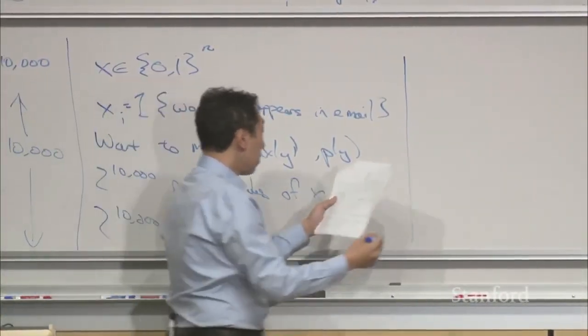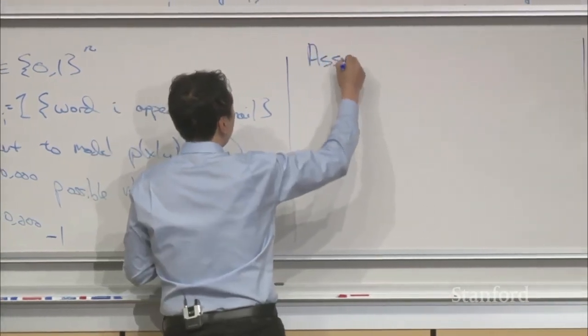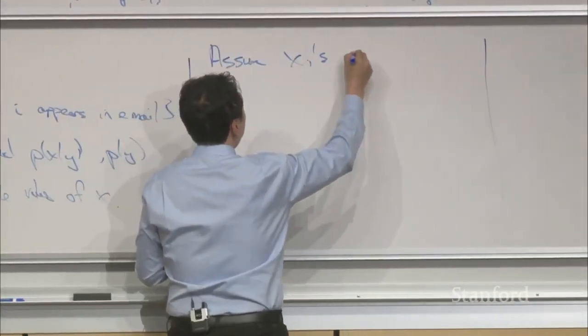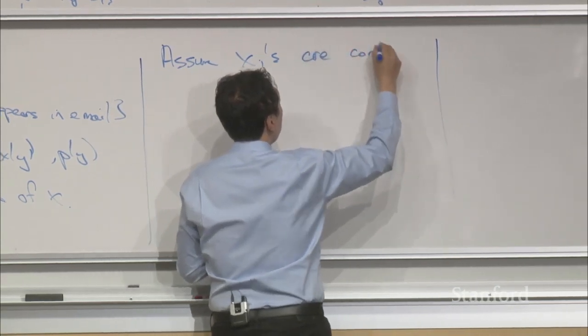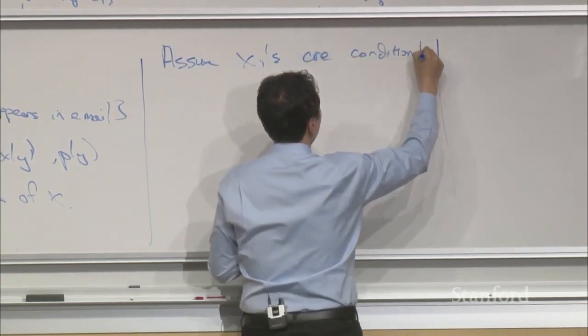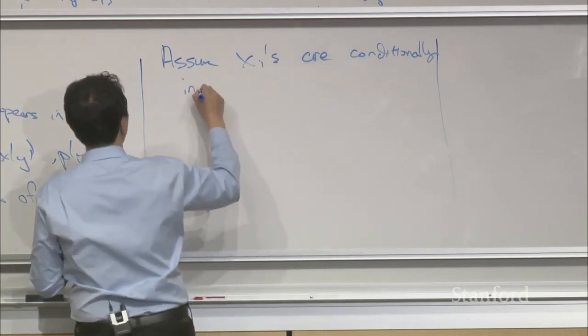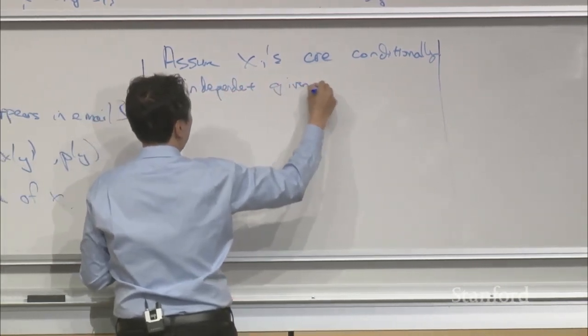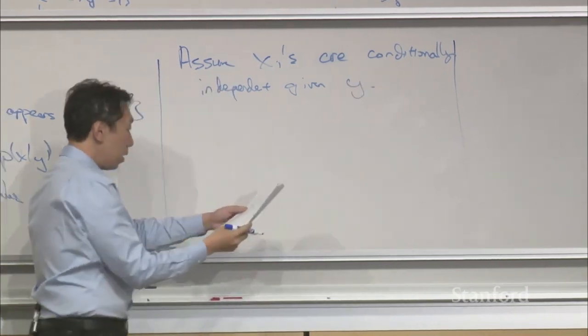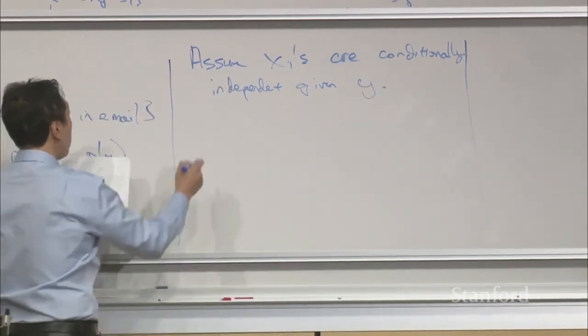So in the naive Bayes algorithm, we're going to assume that the x_i's are conditionally independent given y. Let me just write out what this means.